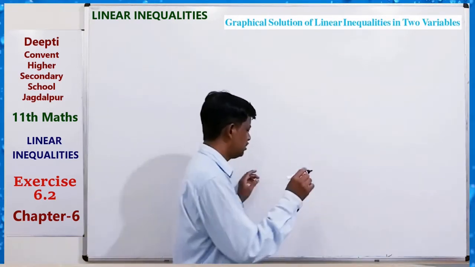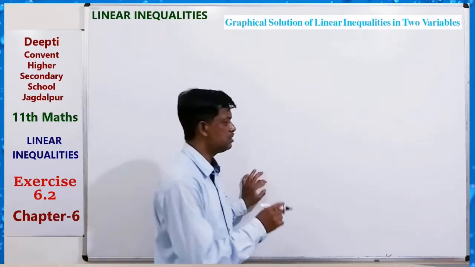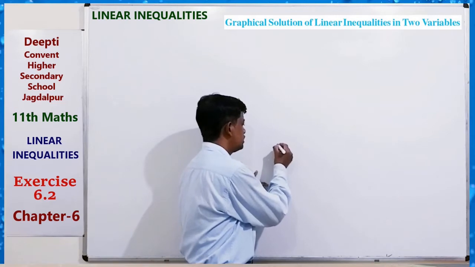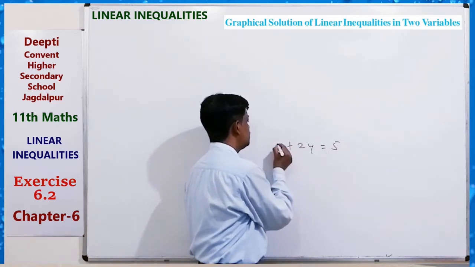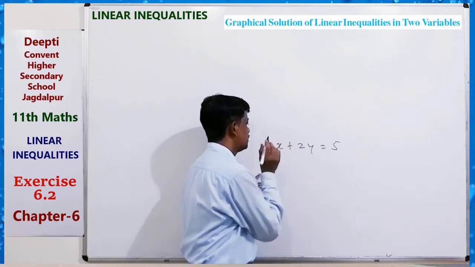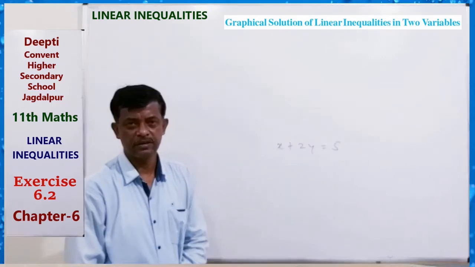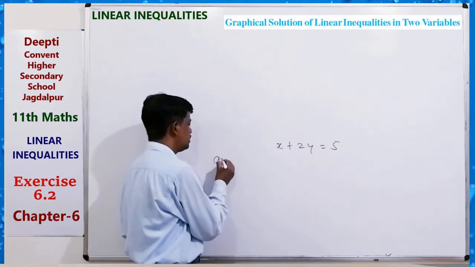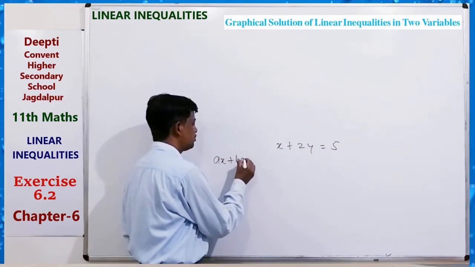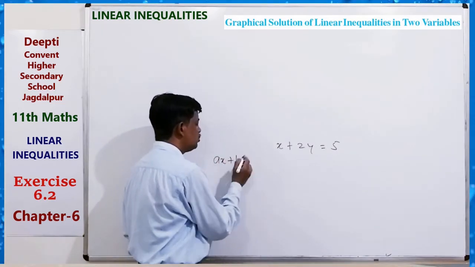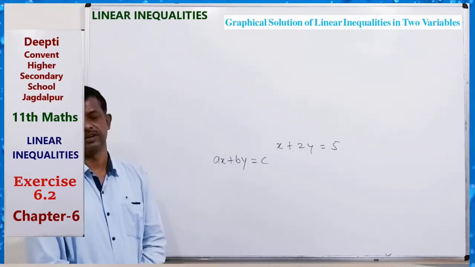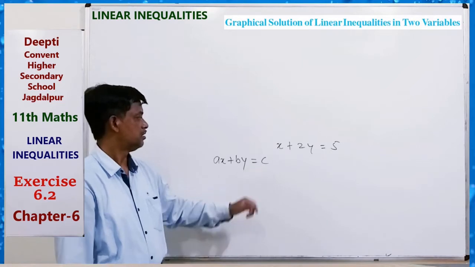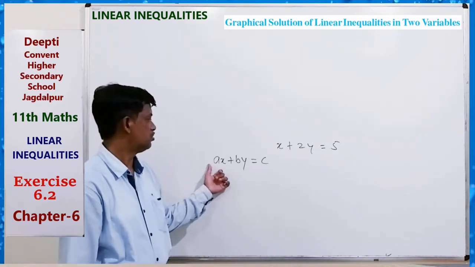We know a linear equation in two variables, like x plus 2y equals 5. In general, a linear equation in two variables is ax plus by equals c, where a, b, c are constants, a not equal to 0, b not equal to 0.